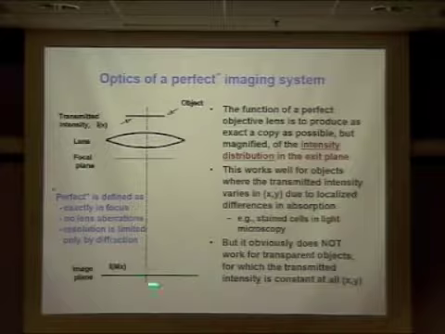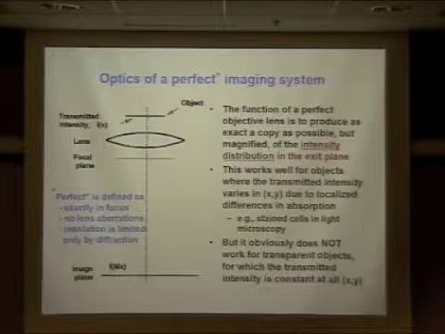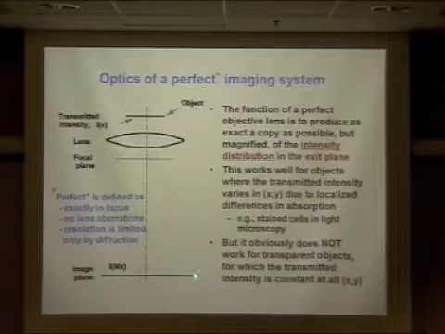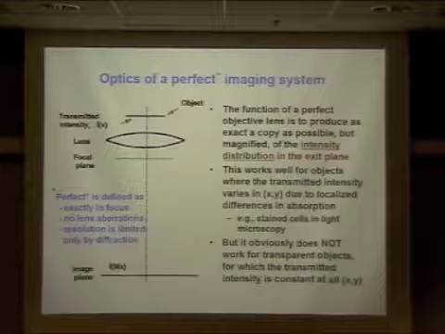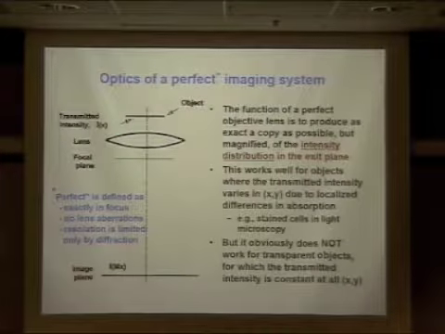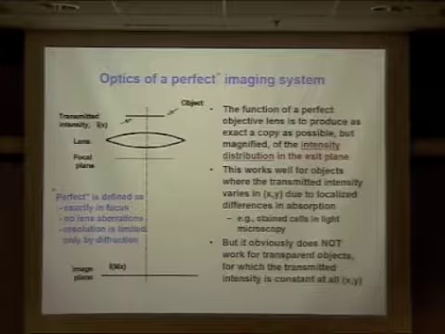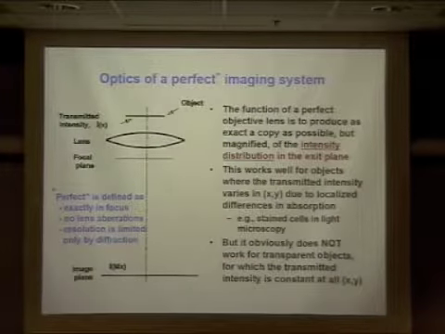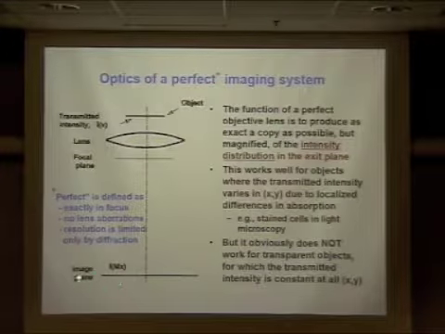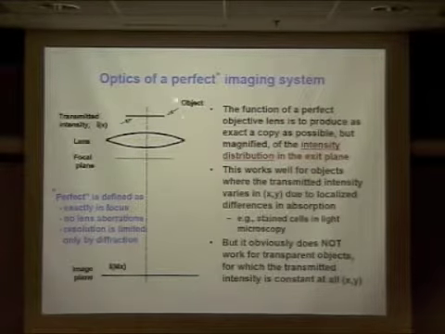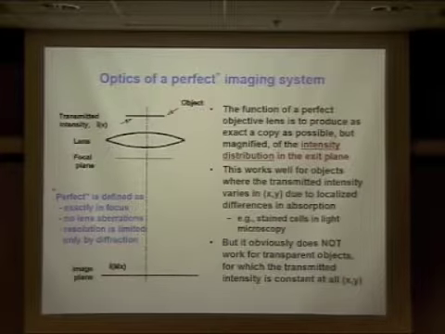You want to make a magnified image of that intensity, and you would like to have exactly the same intensity distribution on your detector as there exists in the exit wave. And imperfect lenses never quite accomplish that. But the more perfect you make the lens, the more exactly the same intensity is here as the intensity of the transmitted wave.